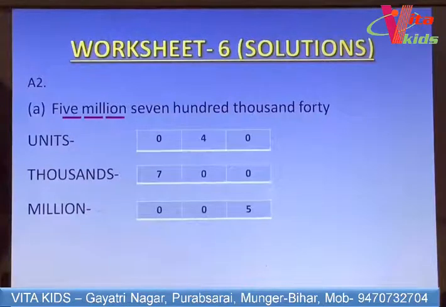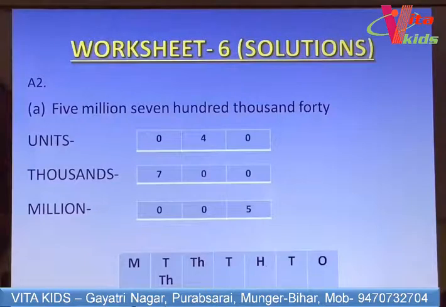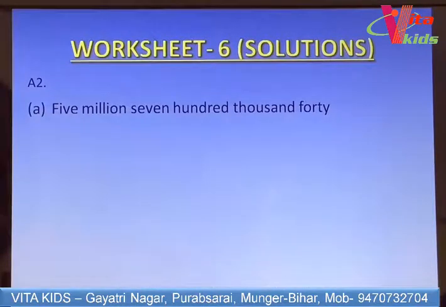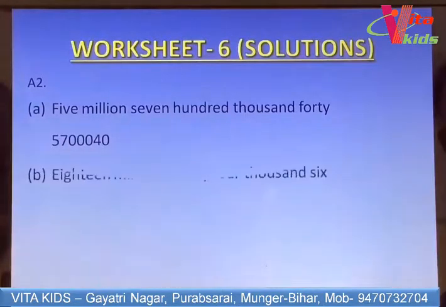Now we'll put this together. First we'll place the millions on the left, after that thousands and then units and form the number, which will be 5,700,040. Now I have just written the answers. You have understood how we do it. First one I have written the answer. Second one was 18,024,006.